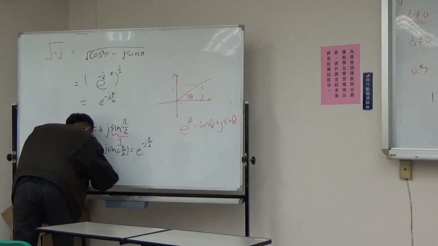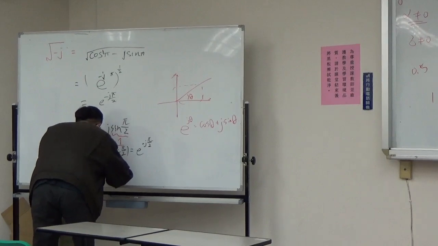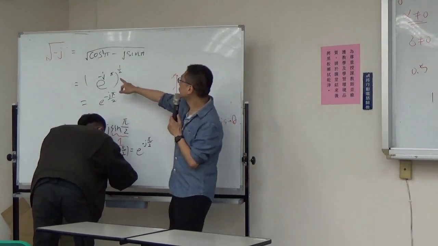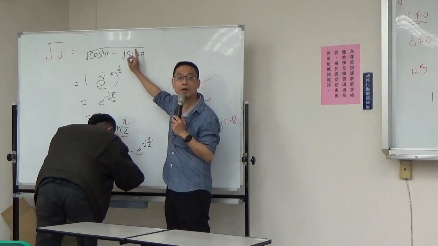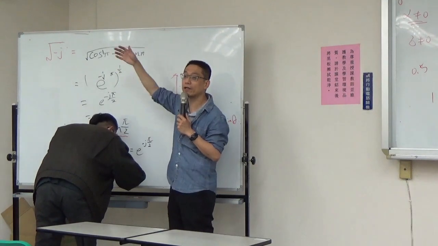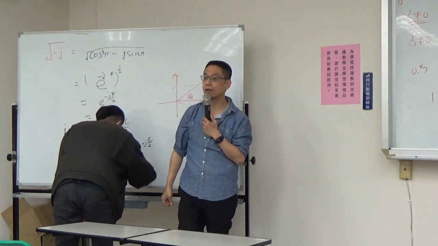Yeah, it's pi over 4, not pi over 2, right? Pi over 4. And you should put the pi over 2. This one is pi over 2, right? Yeah, this is pi over 2. But I think you have the idea for the beginning, and then you can raise your hand high and get a point.